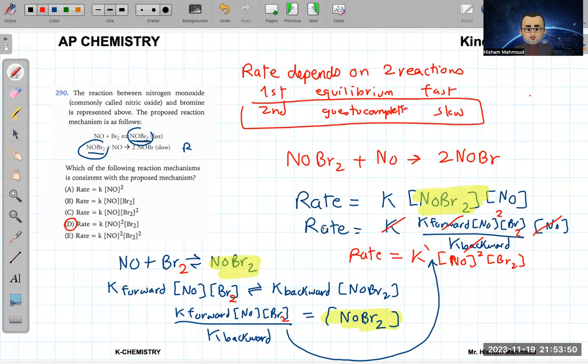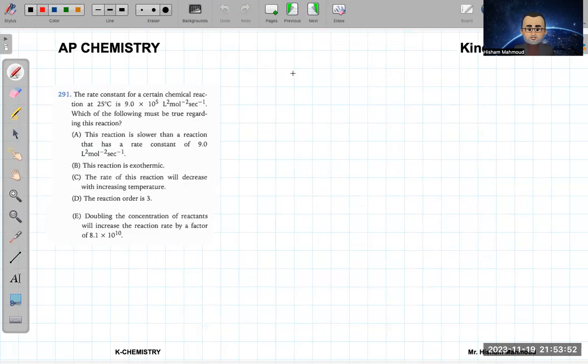Okay, thank God. The rate constant for a certain chemical reaction at 25 is 9 multiplied 10 to the power of 5. Which of the following must be true regarding this reaction? This is the value 9 multiplied 10 to the power of 5 L2 mole minus 2 second minus 1.